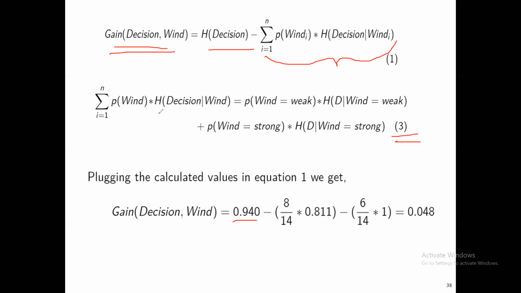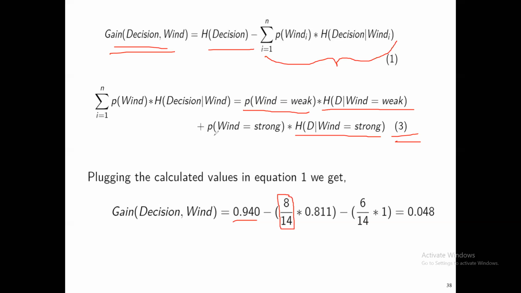We found out for equation 3 the entropy of decision given wind equals weak and entropy of decision for wind equals strong. The respective values were 0.811 and 1, right? And from the training set, we can easily find out the probability of wind equals weak because there are only 8 instances out of 14 where wind is equal to weak. So we plug that in here as well.